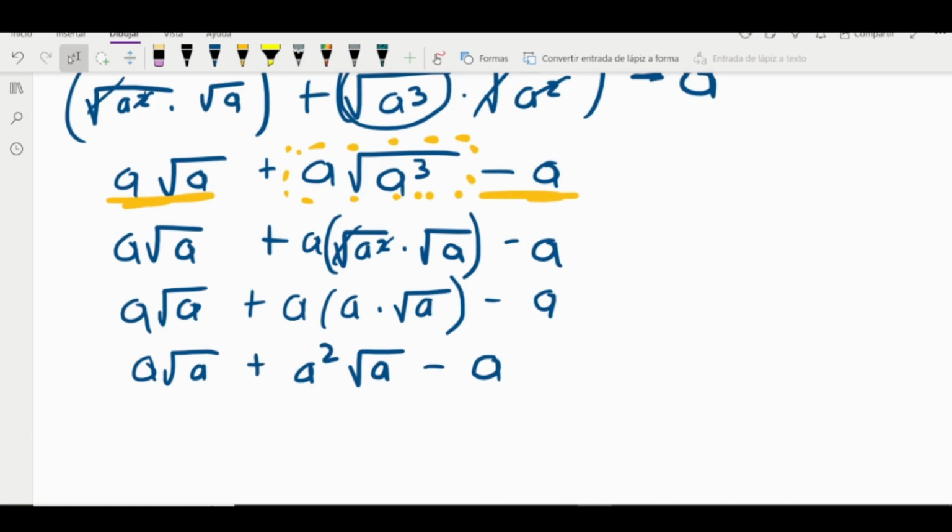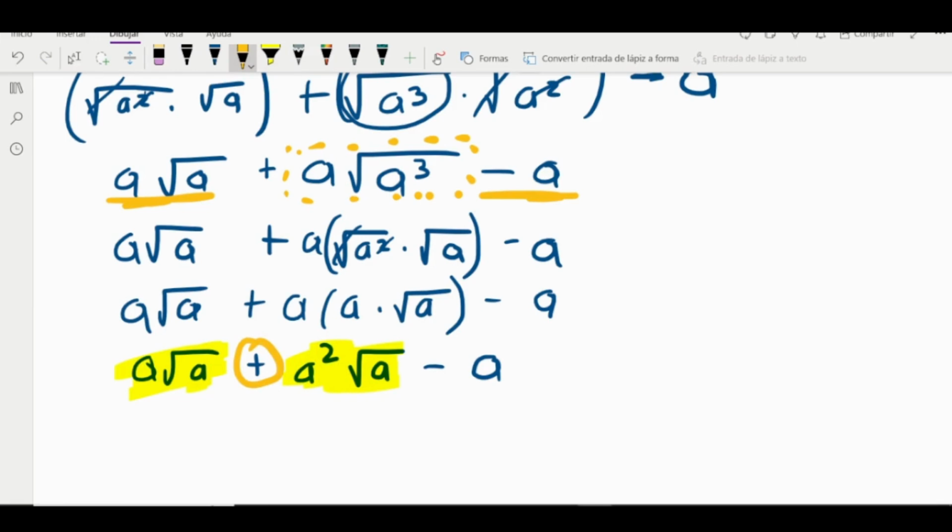Here we have something special: it's not possible to make the addition of this and this. Why? Because the a is not the same as a squared; it's different.